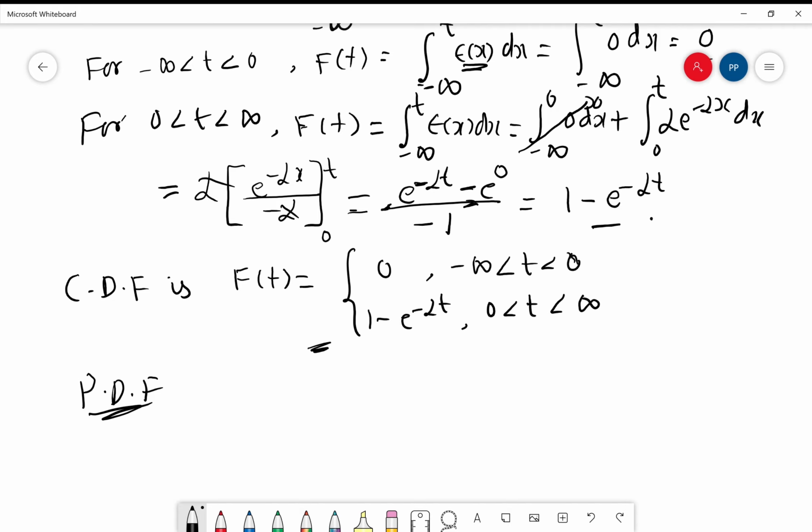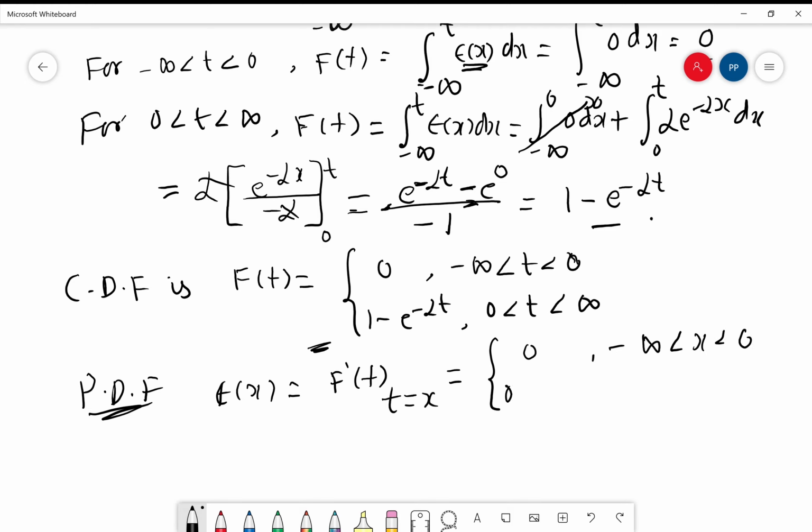That means the PDF p of x equals F dash of t. Just instead of t, after that you replace t by x. But in simple words, differentiate and replace t by x. And the derivative of 0 is 0. Replace t by x, you are getting minus infinity less than x less than 0. Differentiate 1 minus e power minus alpha t.